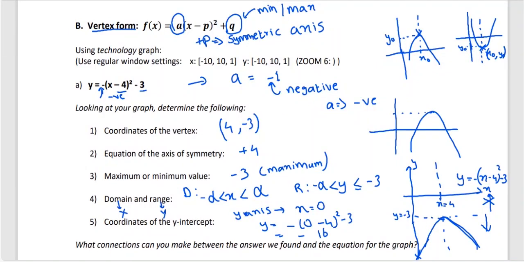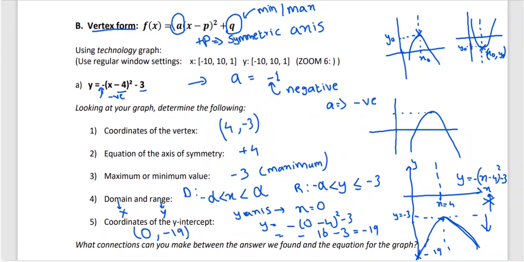So negative 16 minus 3 is equal to negative 19. So anywhere on the y-axis the x coordinate is 0, and here the y value is negative 19. So this is the coordinates of the y-intercept.